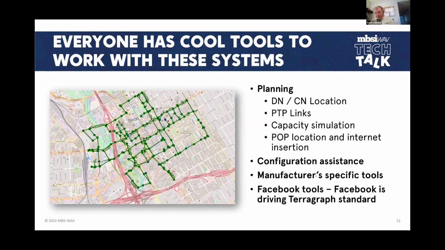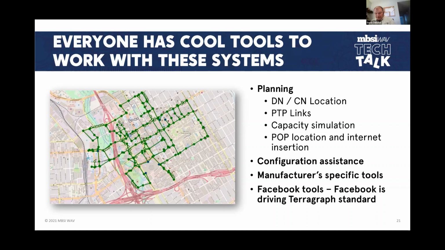To make a large mesh network successful, we need to plan it. We need to plan it carefully. We need to plan our DN locations, and we need to know what clients we can connect to, and what distribution nodes a particular client can connect to.